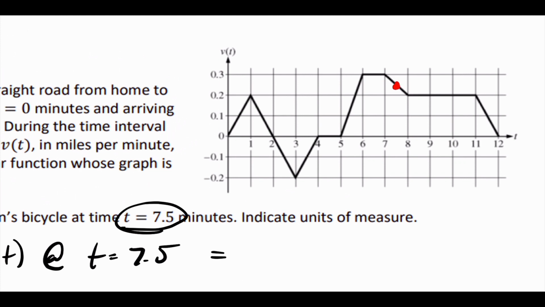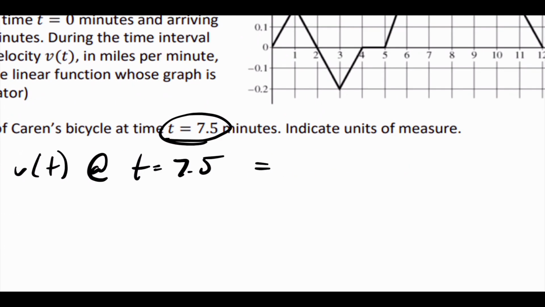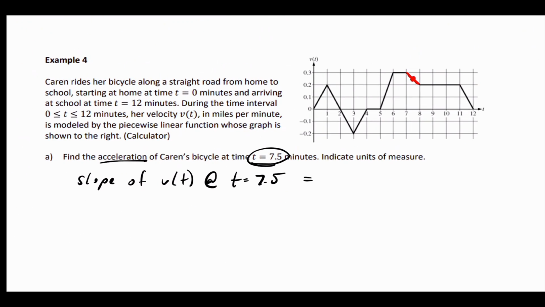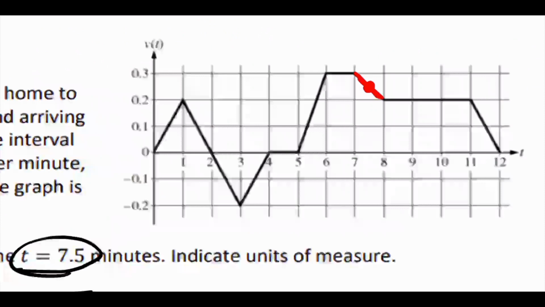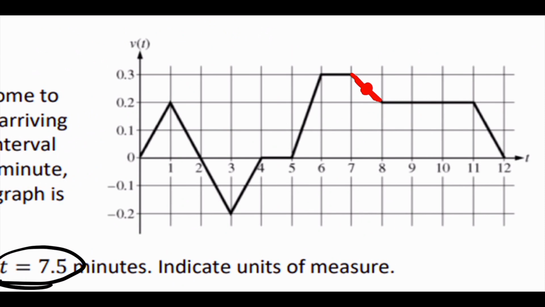7.5 is right there, right? It's part of that little segment there. What is the slope of that little segment there? Well, it looks like, so rise over run, right? Rise over run. So it looks like it goes down a unit and over a unit, okay? So down a unit doesn't mean a whole unit.